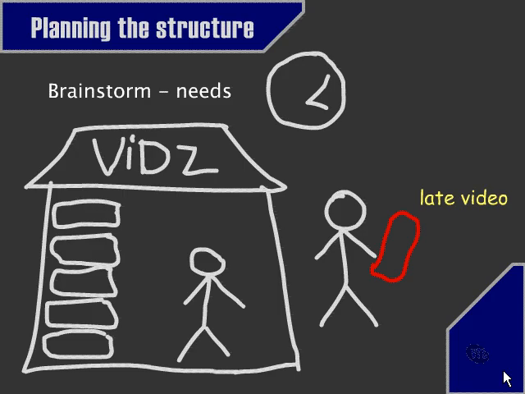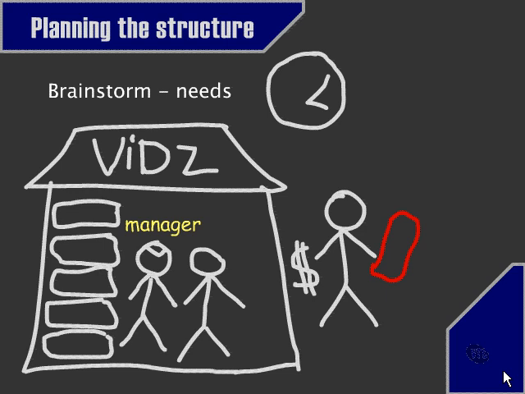There I've outlined the video in red to show that that's a separate issue as well, late videos, and the fine which has to be paid to the video shop when the customer has overdue videos. I thought that a manager would be an important issue as well in the video shop, potentially. A manager to control the employees.